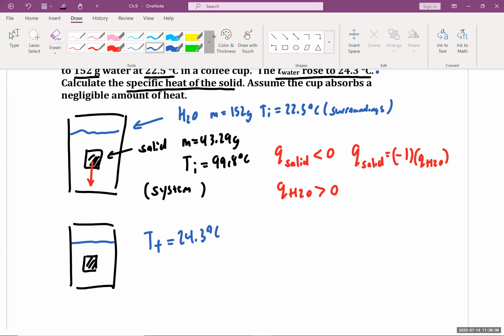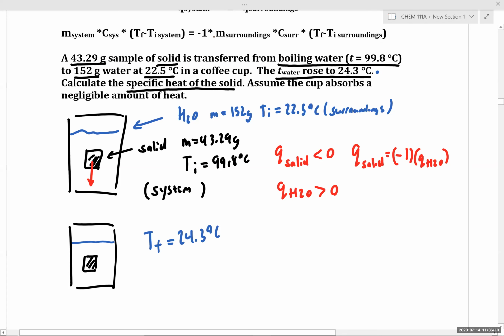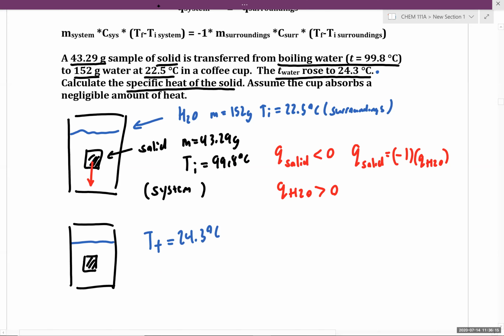So now what we're going to do is look at and expand out our initial expression.